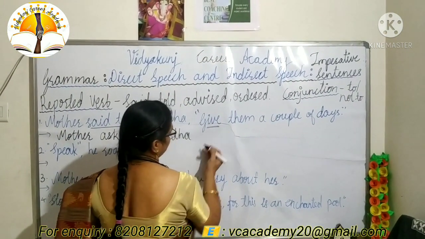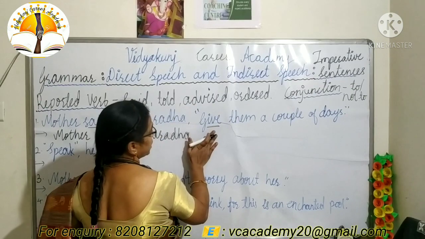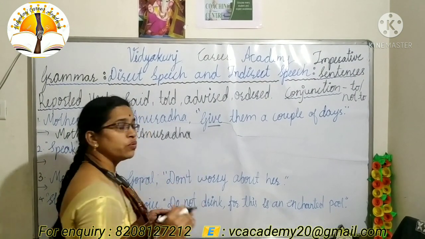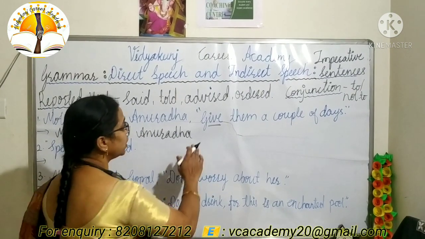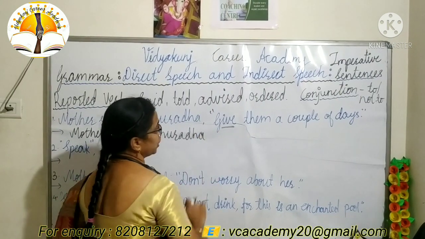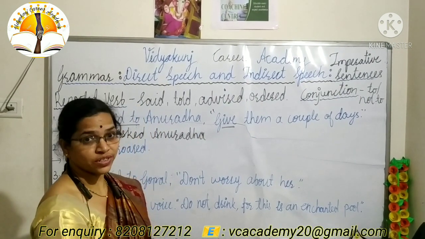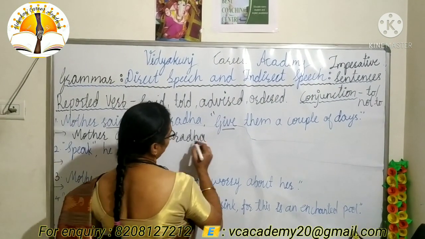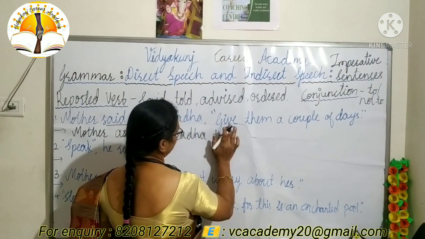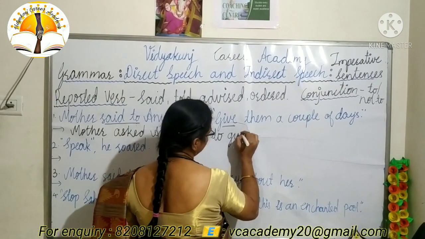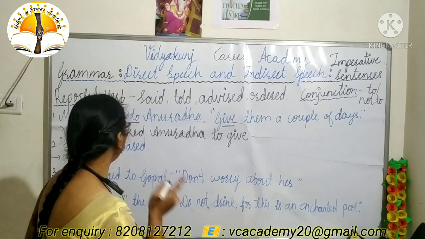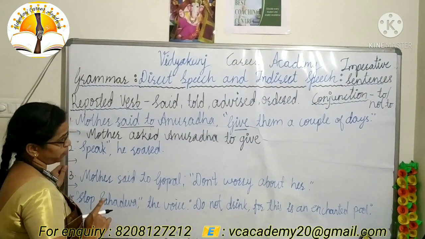Look here. This is the first form verb. Here it hasn't been given negative, so we will not use not to. If the verb has been given negative, then you have to use the conjunction not to. So Anuradha to, this is our conjunction. Then give, I have to write as it is. Now we have to change the pronoun as per the reported verb.